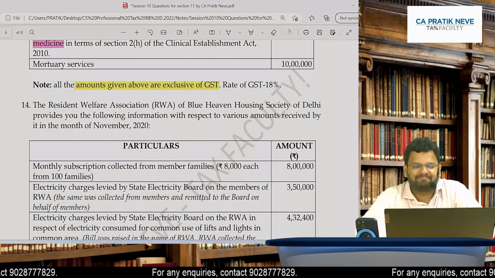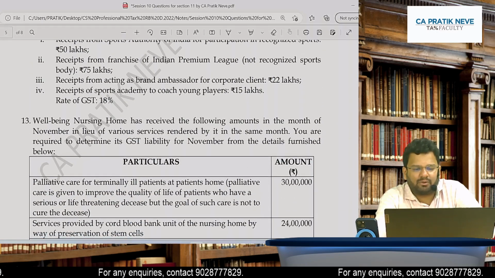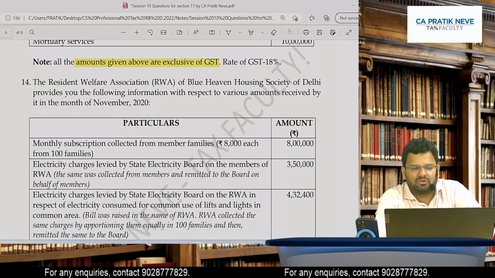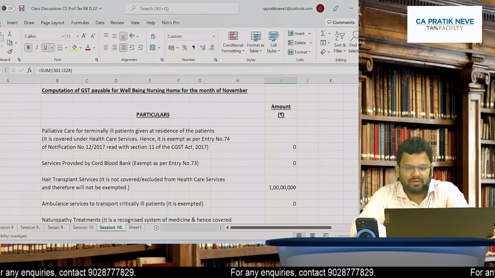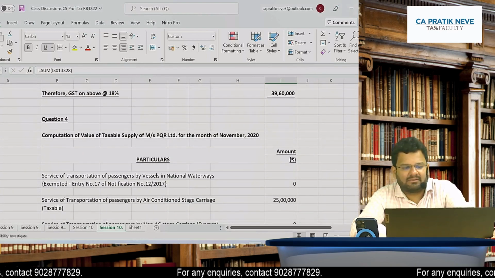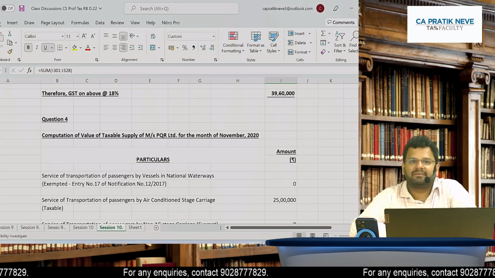If they have asked you for GST also, please calculate GST. It will be at 18% on 2 crore 20 lakhs. Check. It's going to be 39 lakh 60,000. Agreed, all of you?